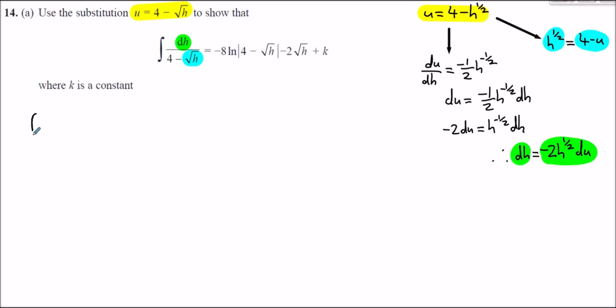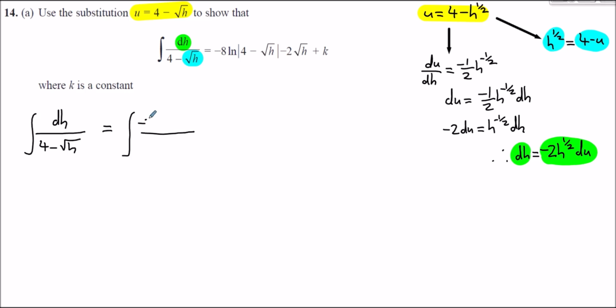So therefore, the integral of dh all over 4 minus root h, we can of course now just transform an awful lot into what we have here. So that's going to give us, as our first step, -2h to the 1/2 du on the top, because that is what dh is.